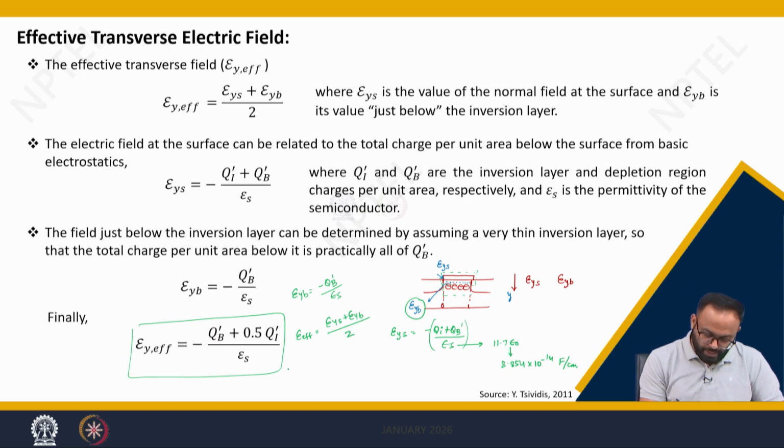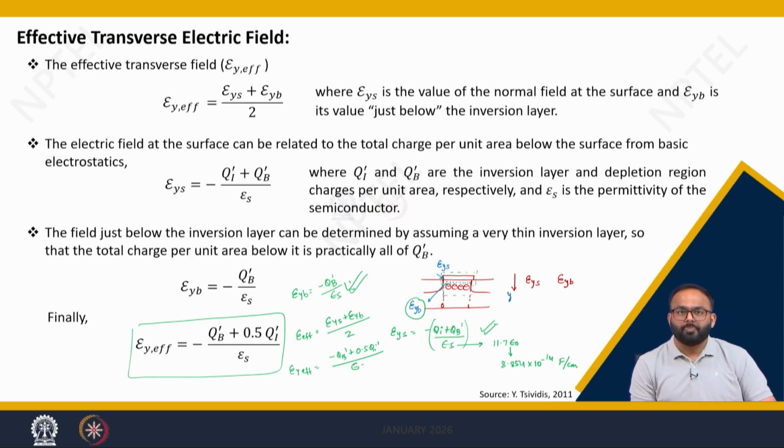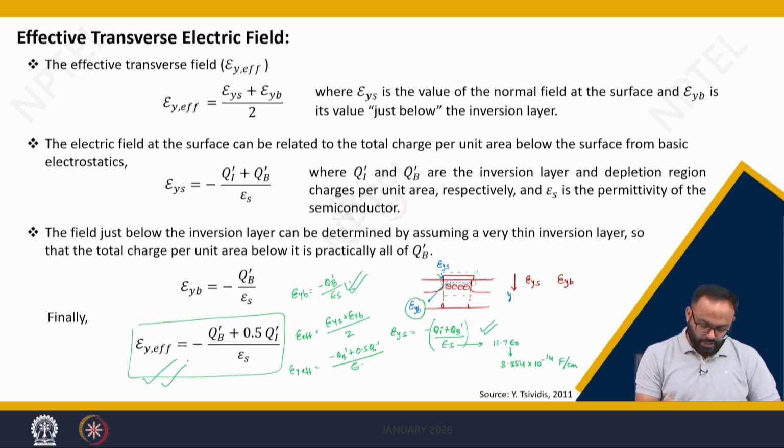When you do so, you will get that the effective field experienced by these charges is nothing but minus of QB' plus 0.5 times Qi' divided by epsilon s. I am just adding these terms, one is this term and another is this term, and just averaging it out, correct. So this is an effective electric field.